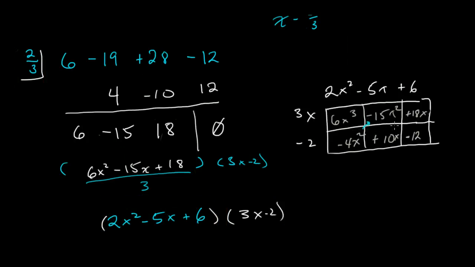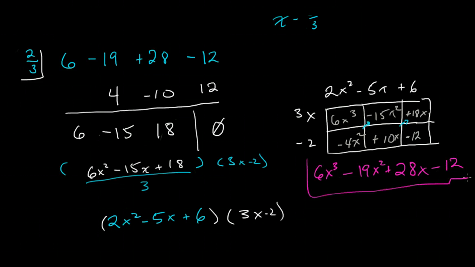Now we combine our like terms, or diagonals. So we end up with 6x cubed minus 4x squared minus 15x squared is a minus 19x squared, plus 10 plus 18 is a plus 28x, and then a minus 12 at the end.